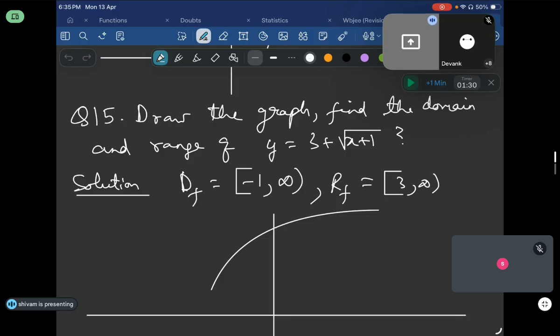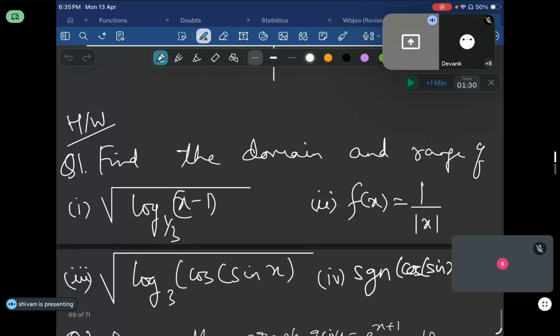Draw the graph, domain and range. This was the last thing we had done.